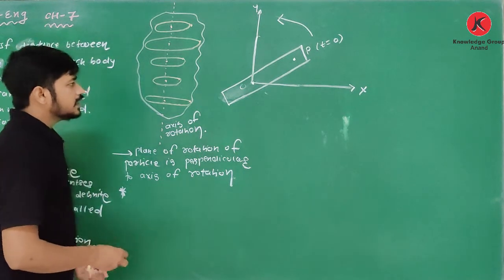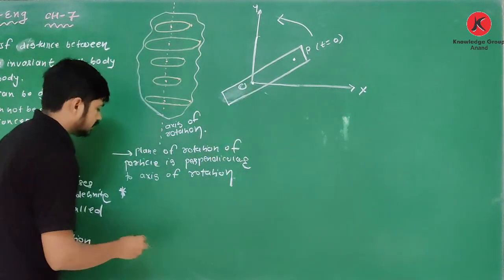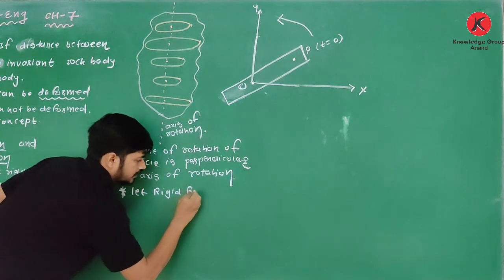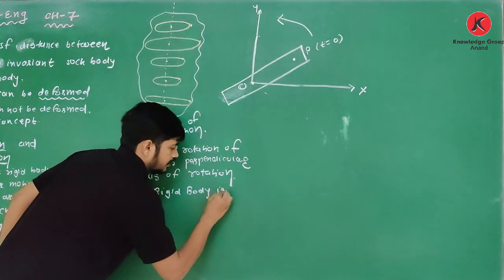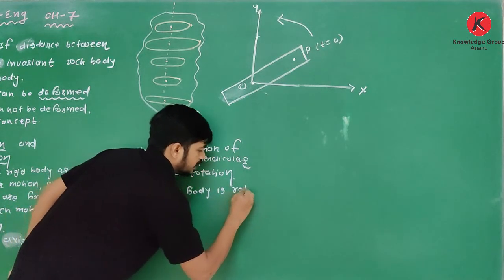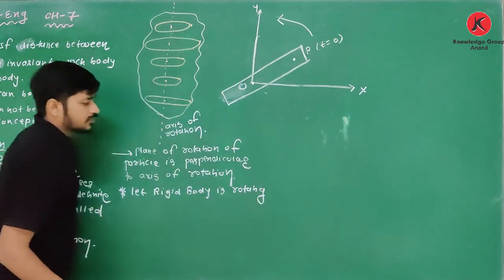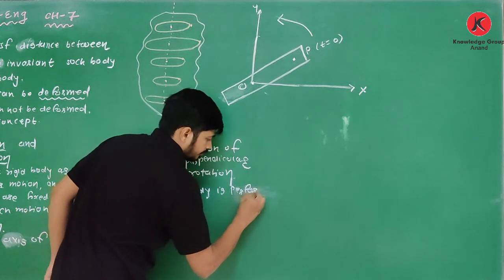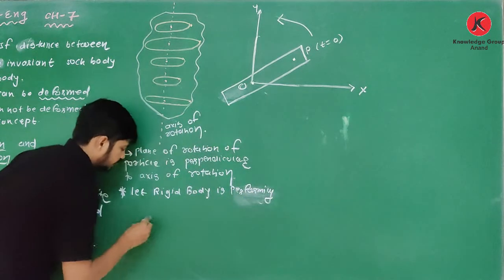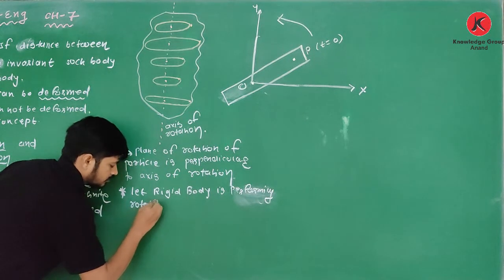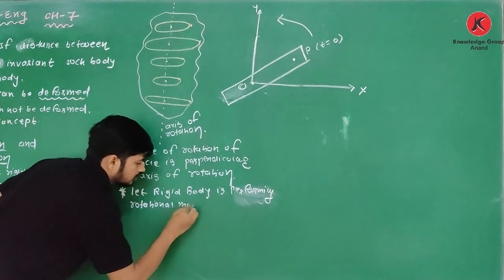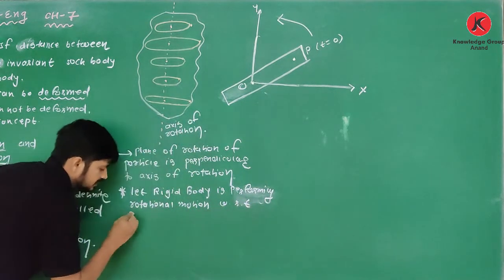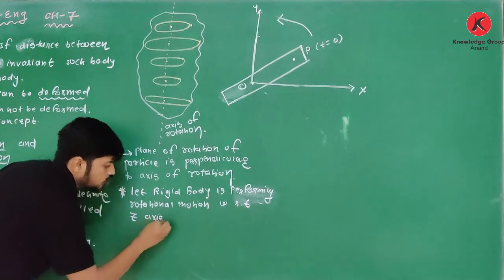So here first of all I have to write: let the rigid body be rotating or performing rotational motion with respect to the z-axis.